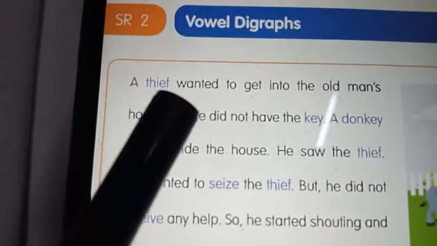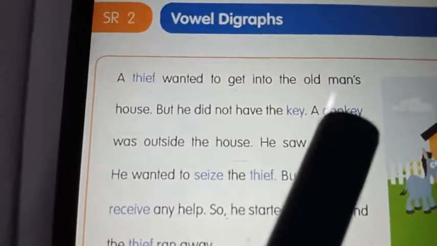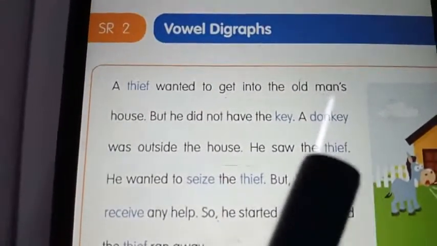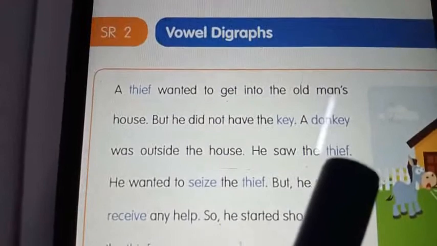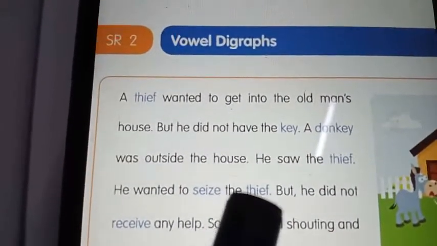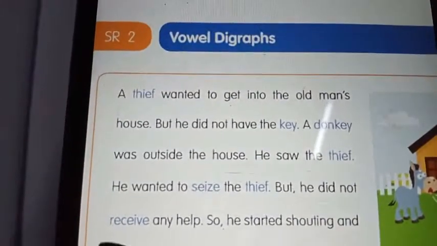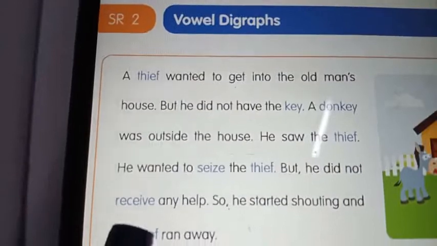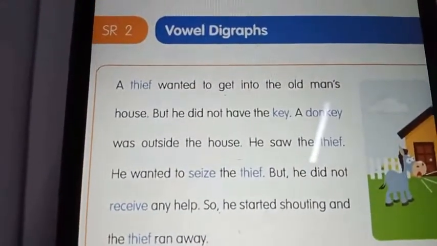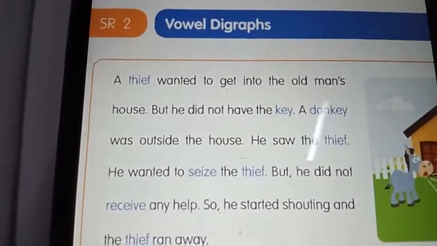Thief, key, donkey, thief, seize, thief, receive, thief. Okay, my dear children, these are all the vowel digraph words.